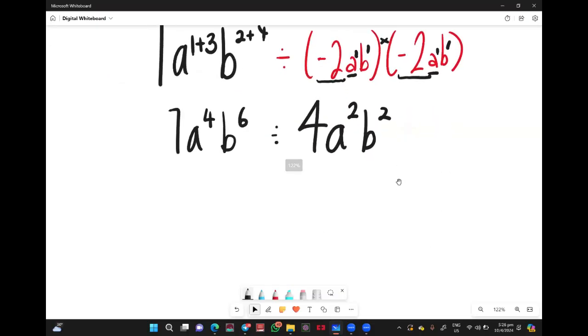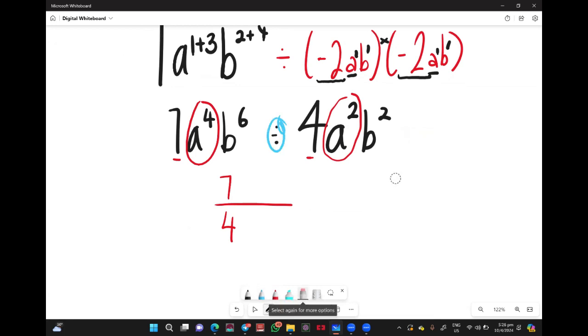Once I have this, I need to focus on the numbers first. Okay, 7 and 4, that becomes 7 over 4. Am I making sense here? Now, I'm going to look at the next one, which is a to the power of 4 and a to the power of 2. There is a division sign over here, which means my power is going to be subtracted.